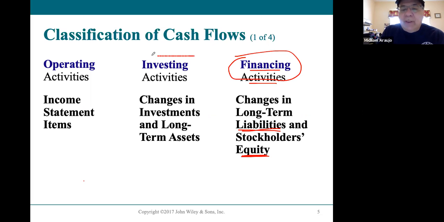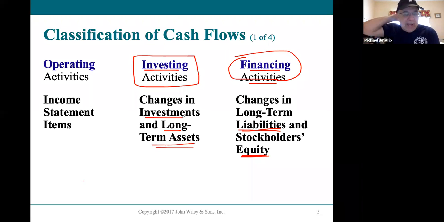We also talked about investing activities of a company. Overwhelmingly, we're looking at companies buying assets that help generate more profits in the future. So there's a lot of emphasis on investing activities with property, plant, and equipment. But companies can also hold investments.